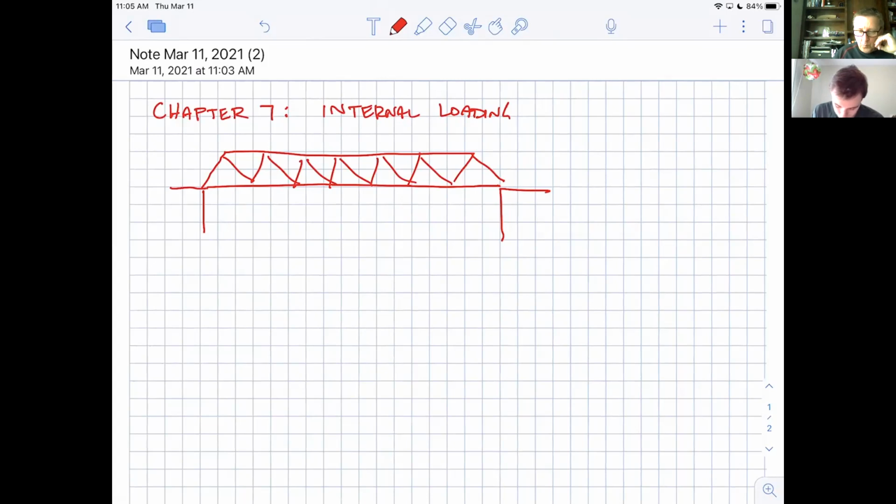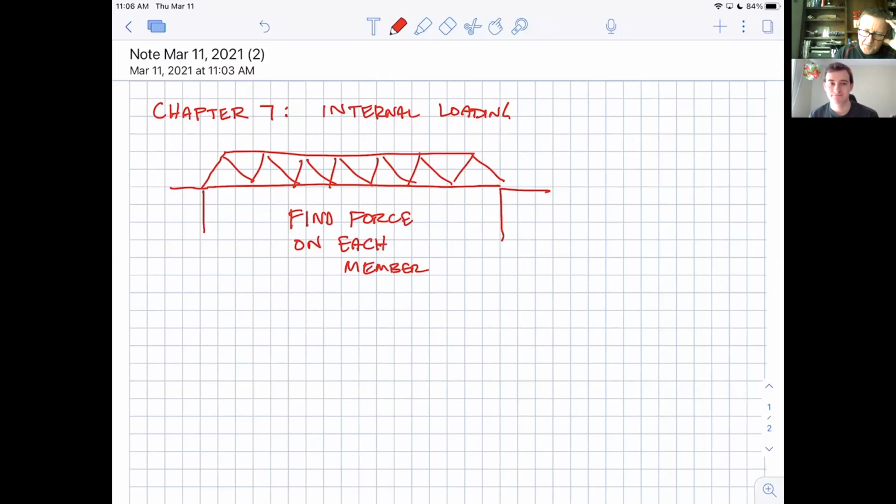So we can find the force on each member. And of course, we use the method of, well, two methods, but we use the joint method where we looked at each joint to make sure each joint wasn't moving. But then we also use the method of sections, which I thought was really cool.